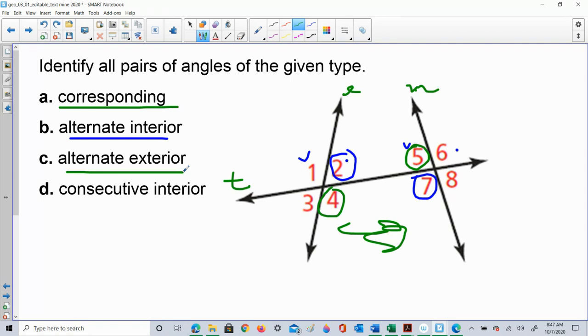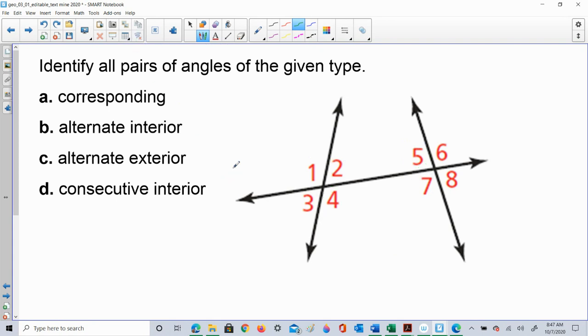Alternate exterior. Let me get rid of that ink, it'll get confusing. All right. Alternate exterior, opposite sides of the transversal. So we've got angle 1. Start there. Now I know I have to be on this side of the transversal, outside of the given lines.